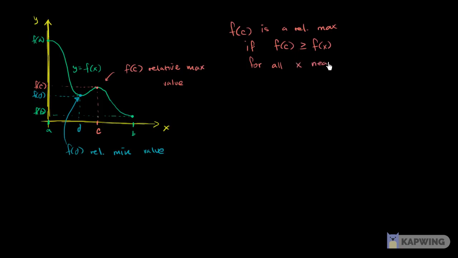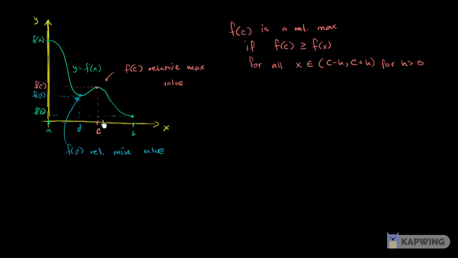So we could write it like that, but that's not too rigorous because what does it mean to be near c? And so a more rigorous way of saying it, for all x that's within an open interval of c minus h to c plus h, where h is some value greater than 0. So does that make sense?